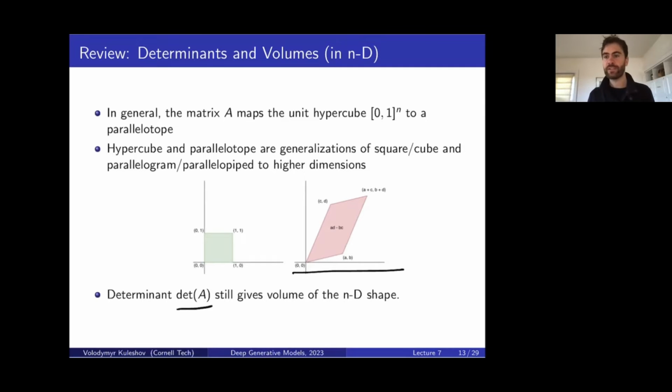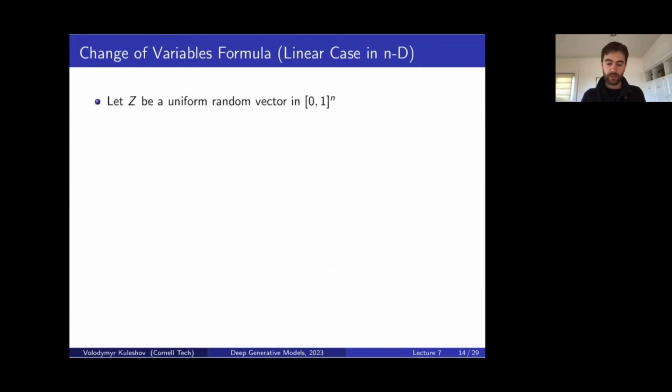Hopefully you remember from calculus, and you also believe me after seeing the 2 low-dimensional examples I just gave you. Okay, so now we have a way of measuring volume in higher dimensions. Let's now use this to derive a change of variables formula for higher dimensions.